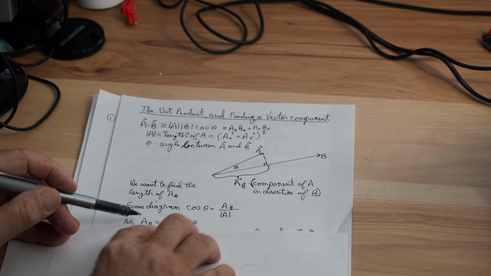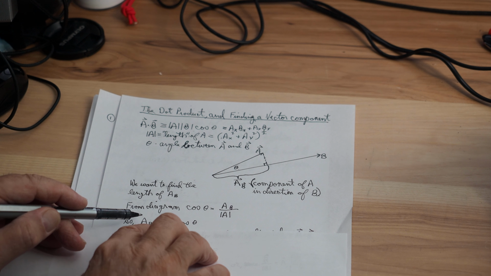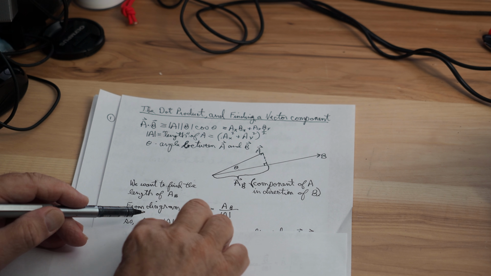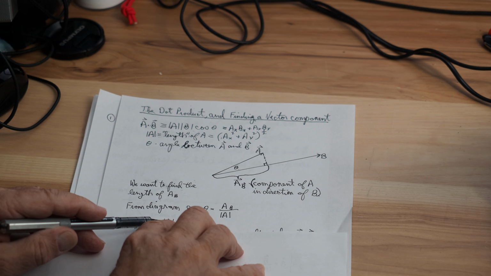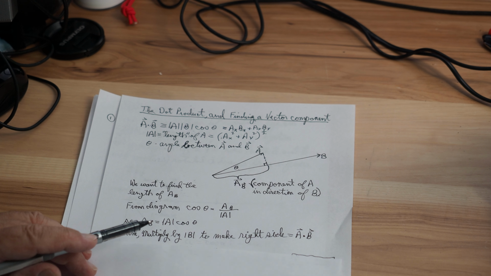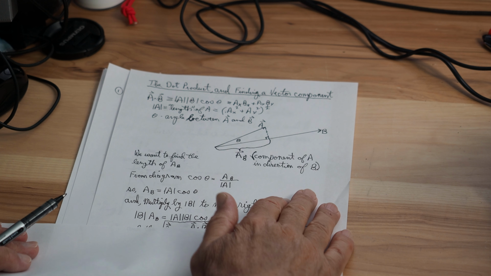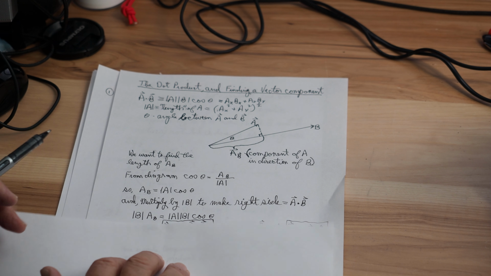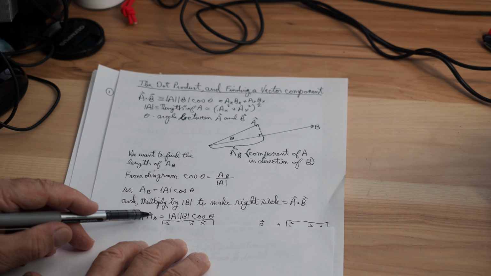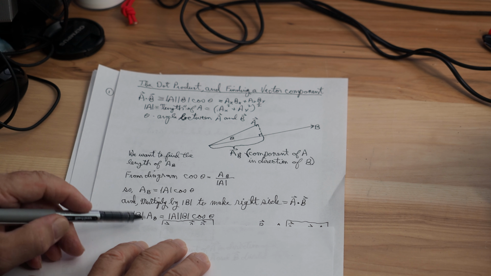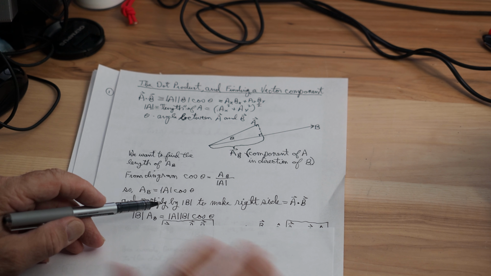So all we have to do is multiply by the length of vector B in order to get the equivalent expression for the dot product on the right. So let's do that. Multiply by the length of vector B, and that gives us the length of vector B times A sub B, or the component we want, on the left, times the dot product on the right.